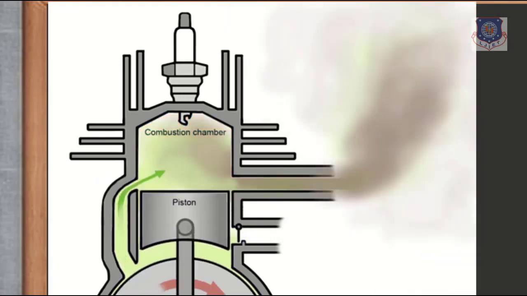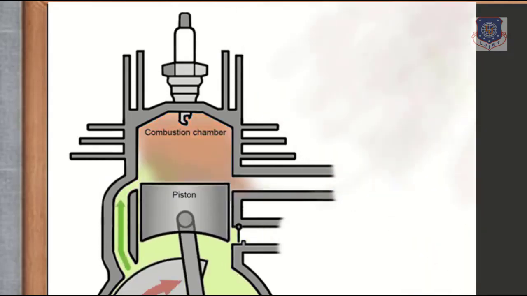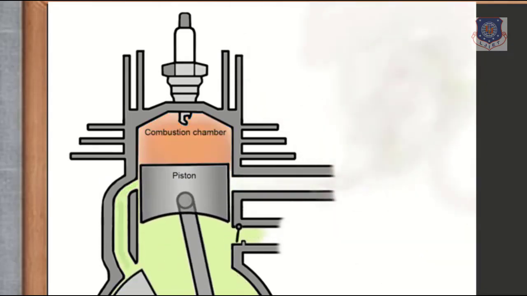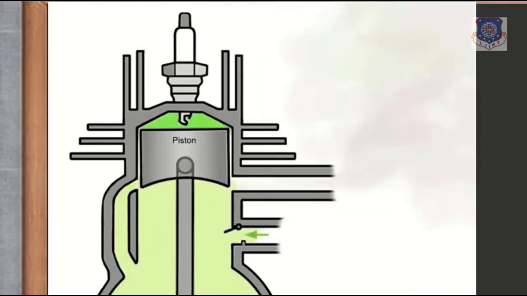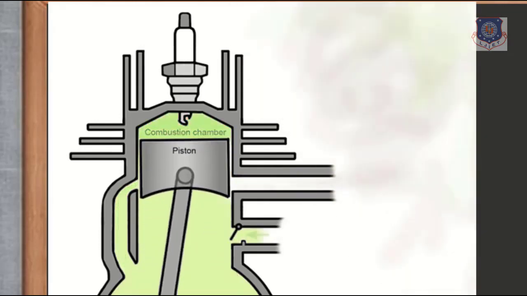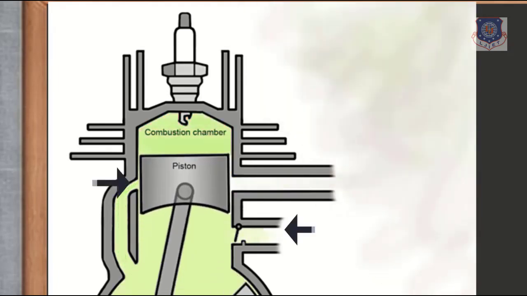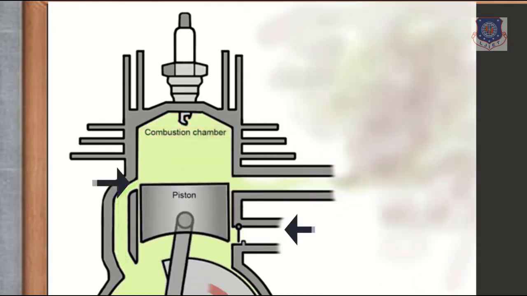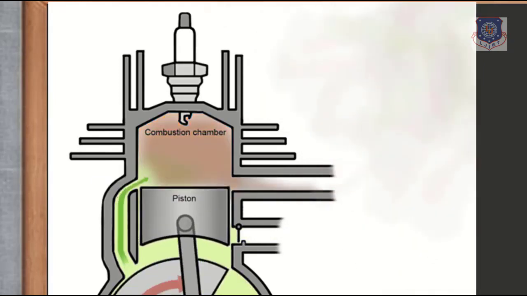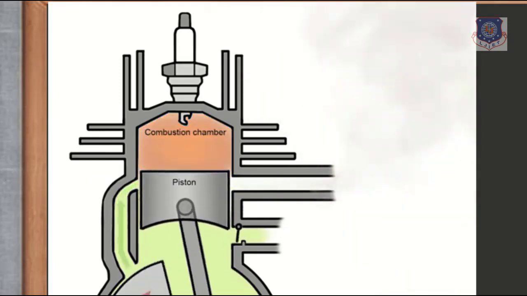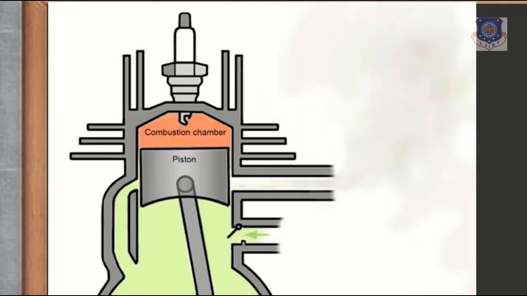Now thereafter what is happening? When the piston moves upwards, thereafter it will open the inlet, that is the inlet port, that is the reed valve. Fine. So first it will open the inlet, thereafter it will cover the transfer port, and thereafter it will cover the exhaust port. I am repeating again. When the piston is moving upwards, it is doing compression. Fine. So it is a compression stroke.